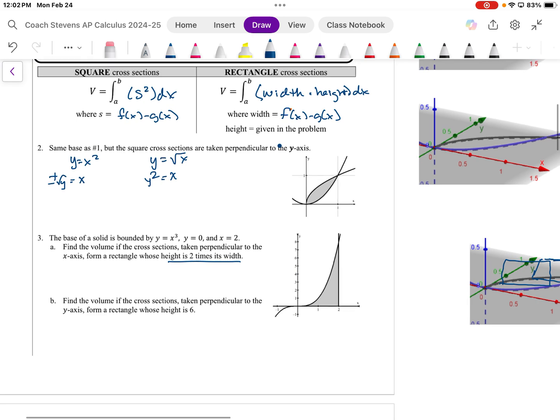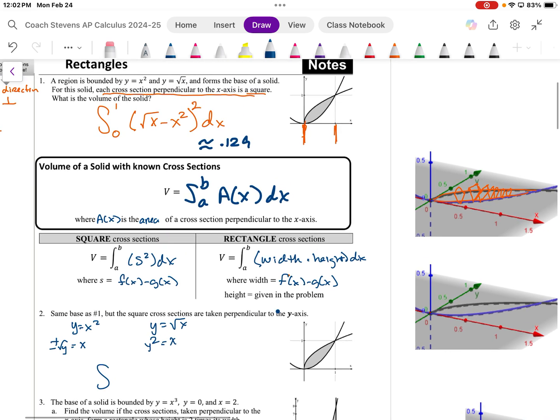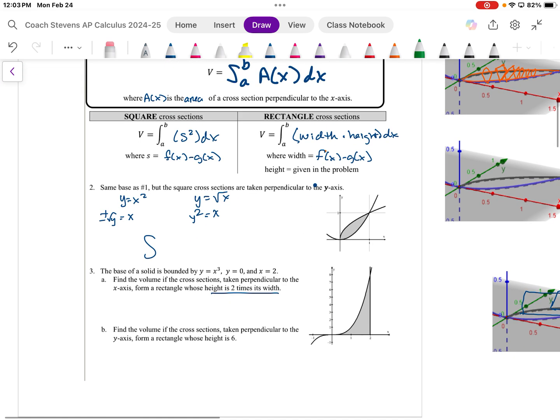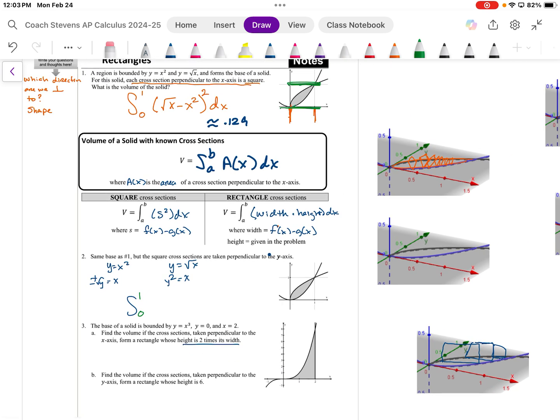And now, what am I going from? The integral from what to what? Going back to my position, even if I change over to y's, it's from 0 to 1, so the a and b didn't change. Now the right equation would be the plus square root of y.